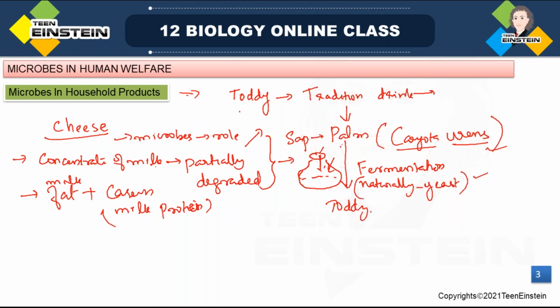For example, you can see Swiss cheese. Swiss cheese, what is that? It is formed with the help of which one? Propionibacterium shermanii. Okay, write down this name.